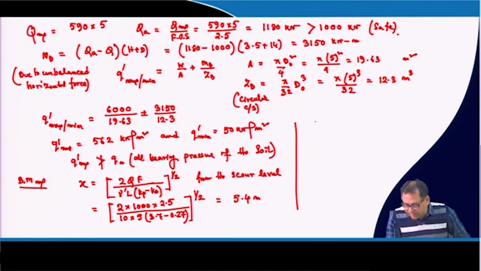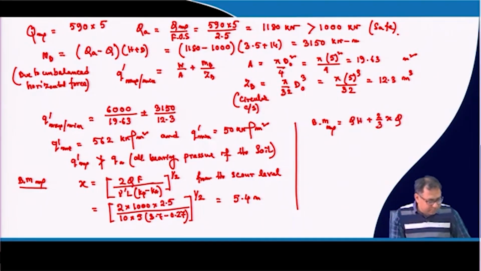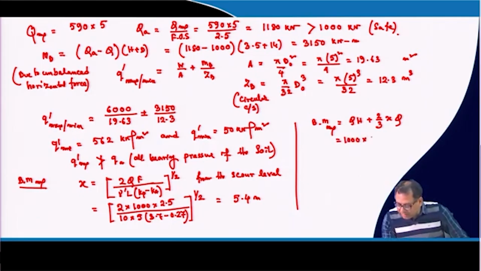So, the maximum bending moment, BM max, is equal to QH plus 2/3 of x into q. Q is 1000, h is 3.5 plus 2/3 into x, which is 5.4, into 1000.